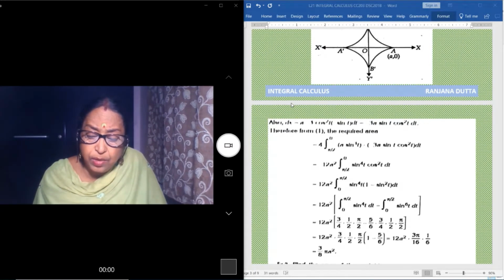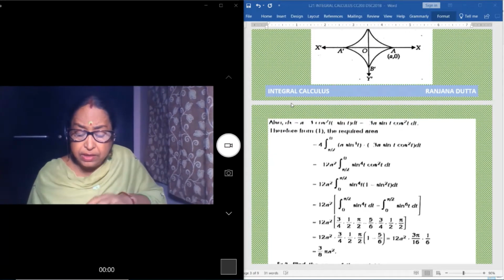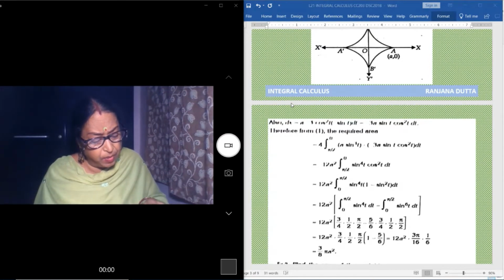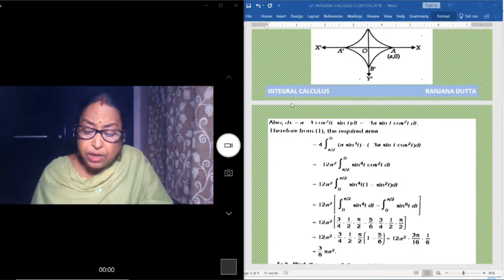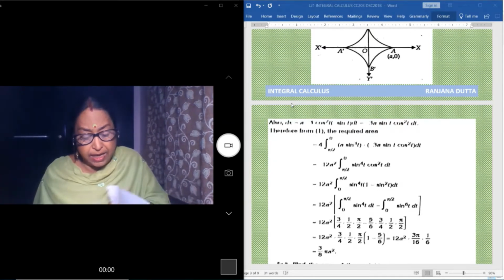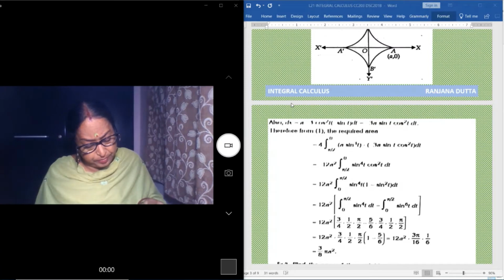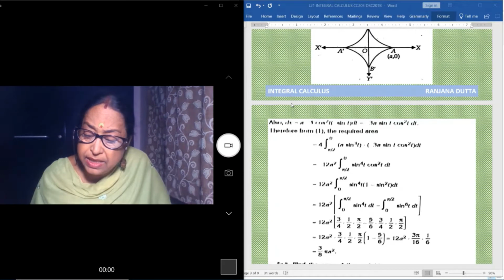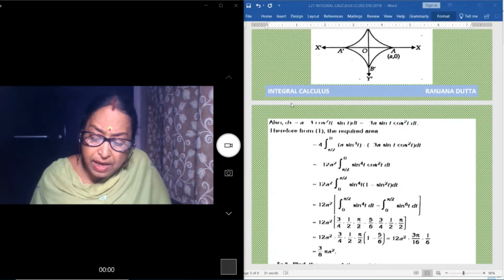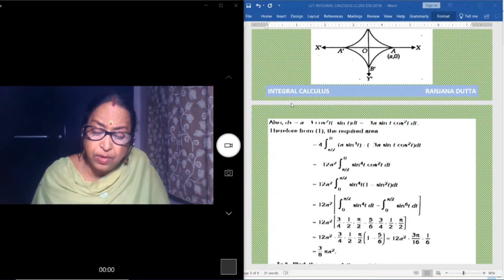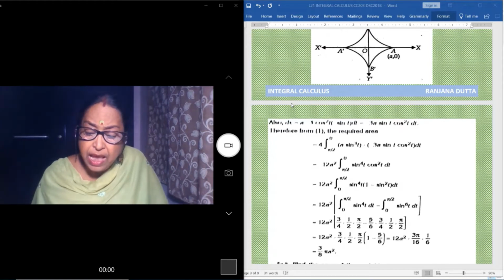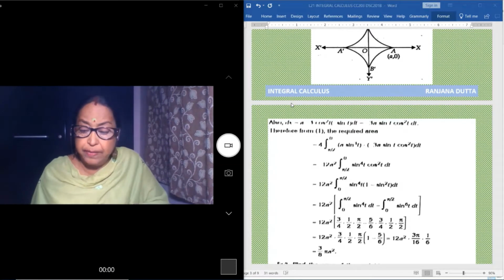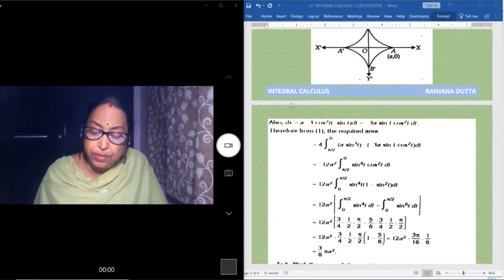So y into dx. Here y is equal to a sin cube t. So a sin cube t and dx, where dx is equal to minus 3a sin t cos square t dt, and the limit changes, it will become pi by 2 to 0.